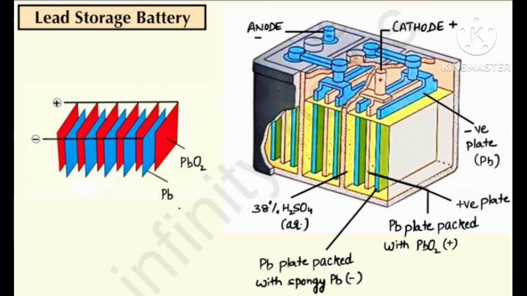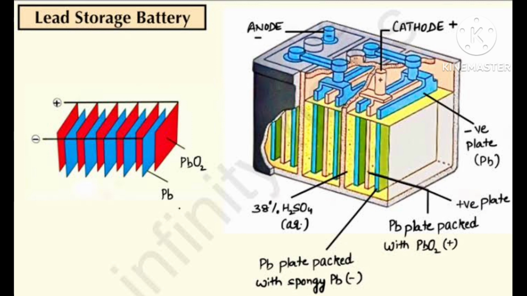What will be the cathode? The cathode will be this lead oxide, which will be separately in a grid. A grid of lead packed with lead dioxide, PbO2, functions as the cathode.